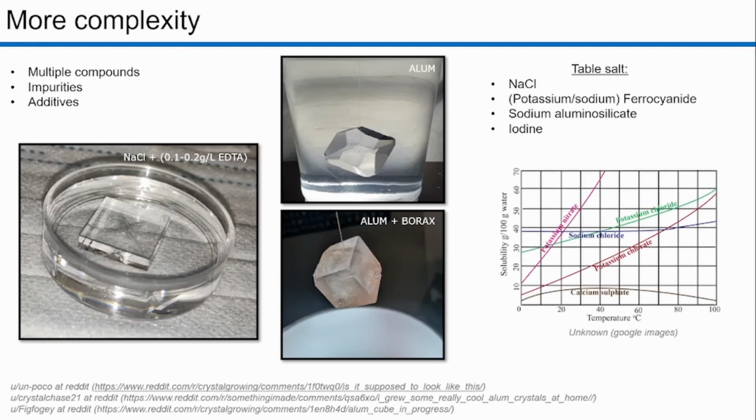Also remember, when dealing with different compounds, that each compound has its own solubility curve, and there might be some strange shapes and strange behavior over temperature, making it more susceptible to temperature changes or not. So it's always important to check it out before trying your crystal growth.